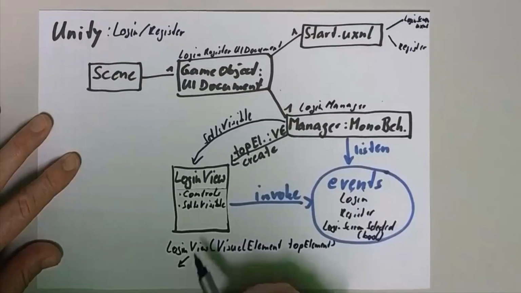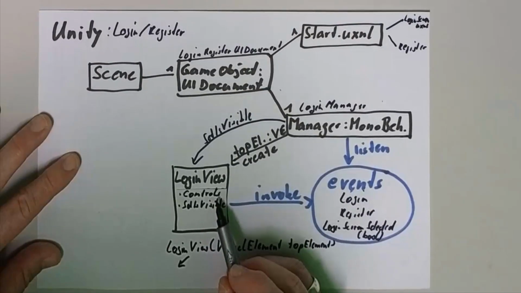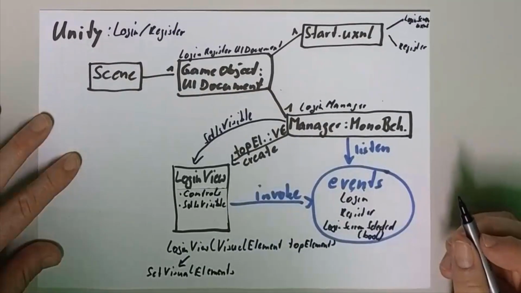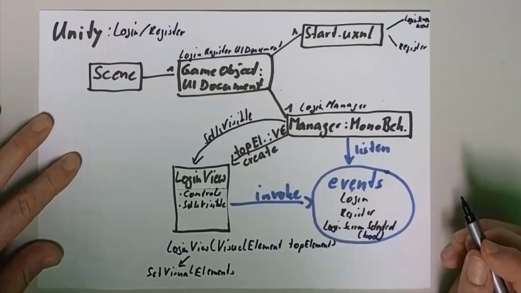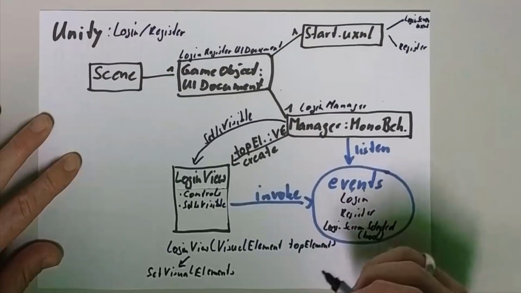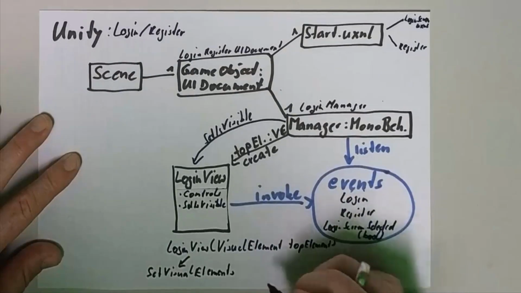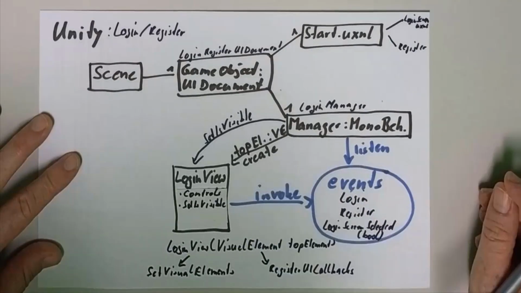And then we will fetch our controls and assign them to our private members. This we will separate in a private method called setVisualElements. In addition, we need to implement the interaction, which we will do in a method called registerUICallbacks. So that should get us started well.